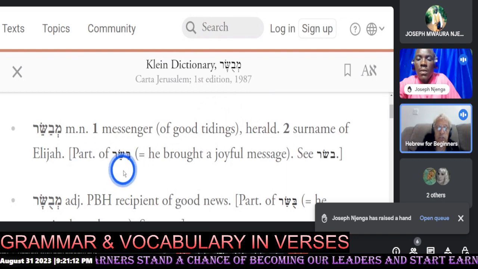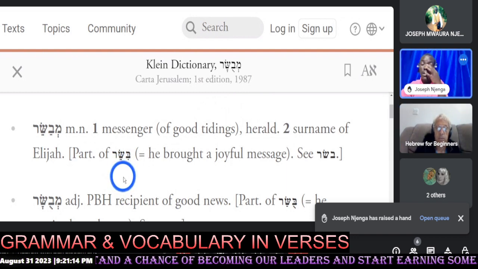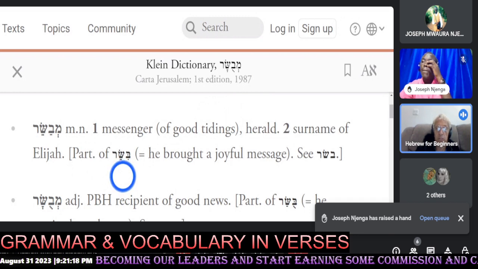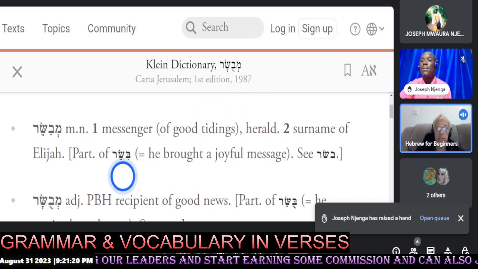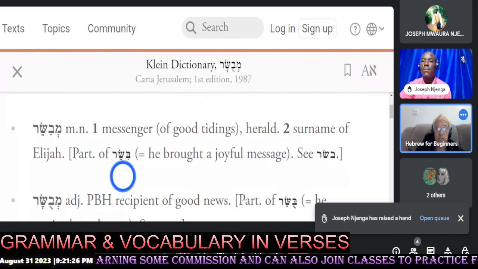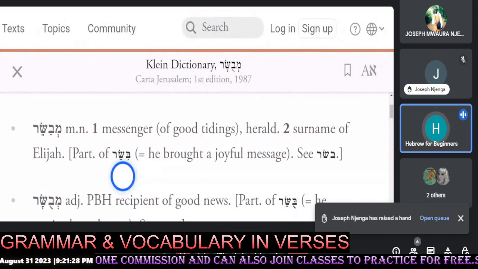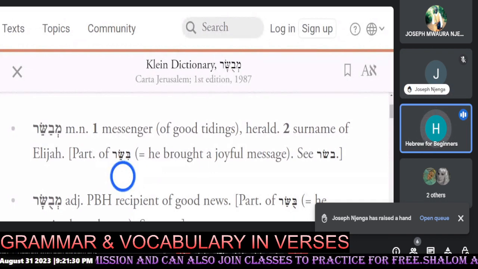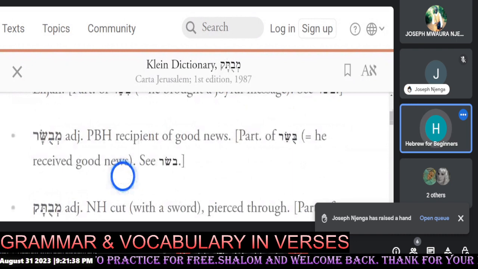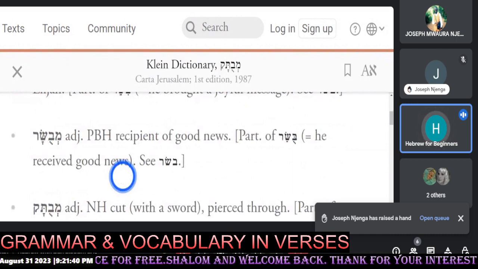What a joyful message. To bring a message, and specifically of good tidings. Besoros tovos is how we say it in traditional Jewish. Besoros tovos means good tidings. And the mivusar is the one that receives the good tidings.